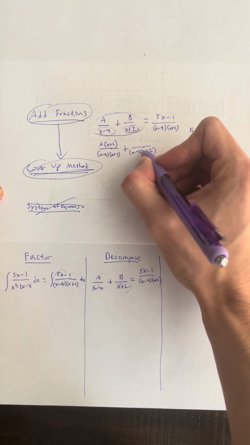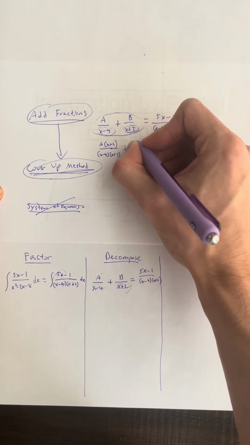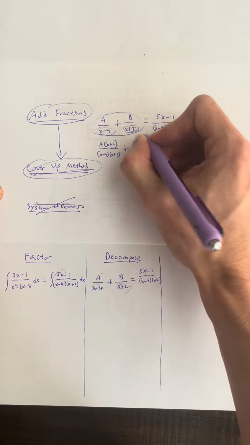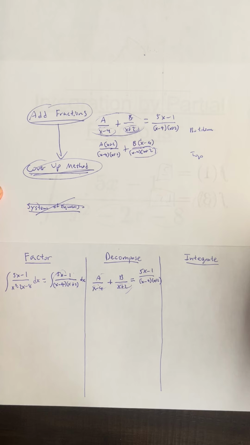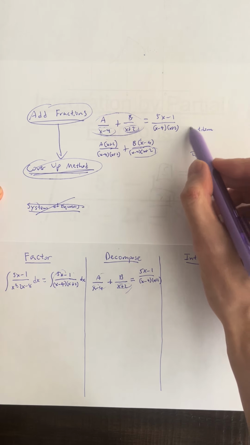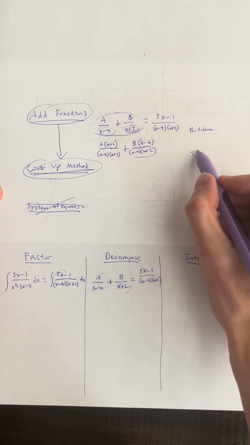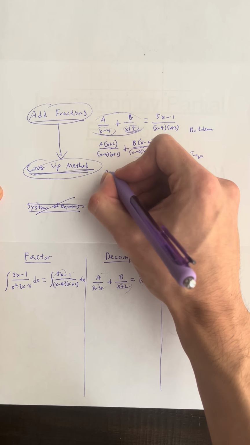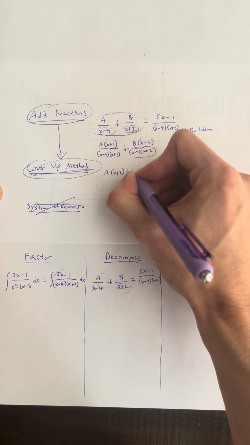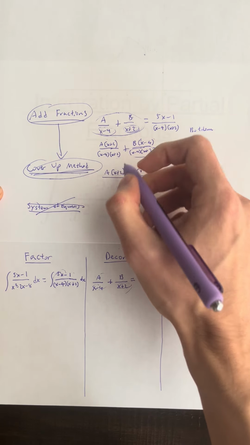So we multiplied by x minus 4 on the bottom. So we need to multiply by x minus 4 on the top. Okay, so we got the bottoms to match. The next step is to add the tops. And then we keep the common denominator.